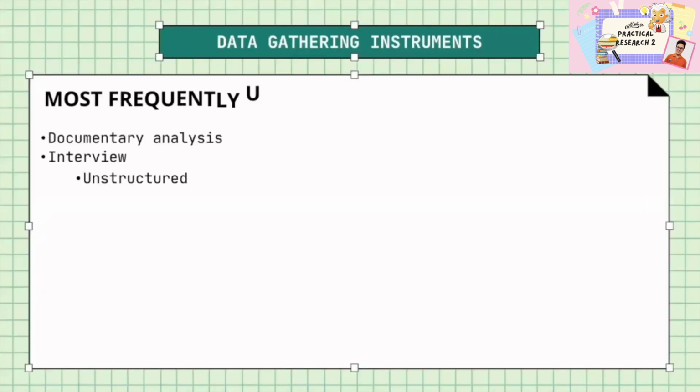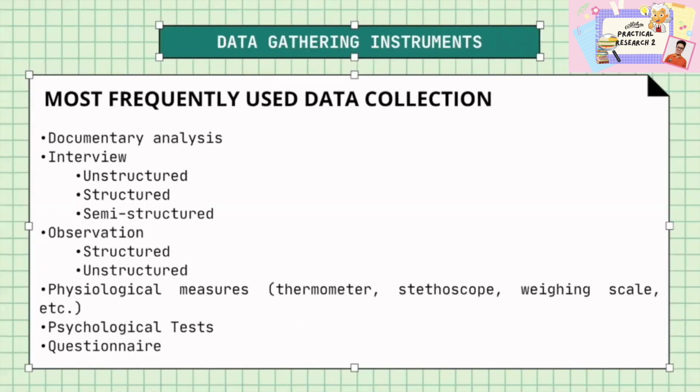So let's now proceed. So these are the most frequently used data collection methods in doing quantitative research. Number 1 is documentary analysis. What do we mean by documentary analysis?